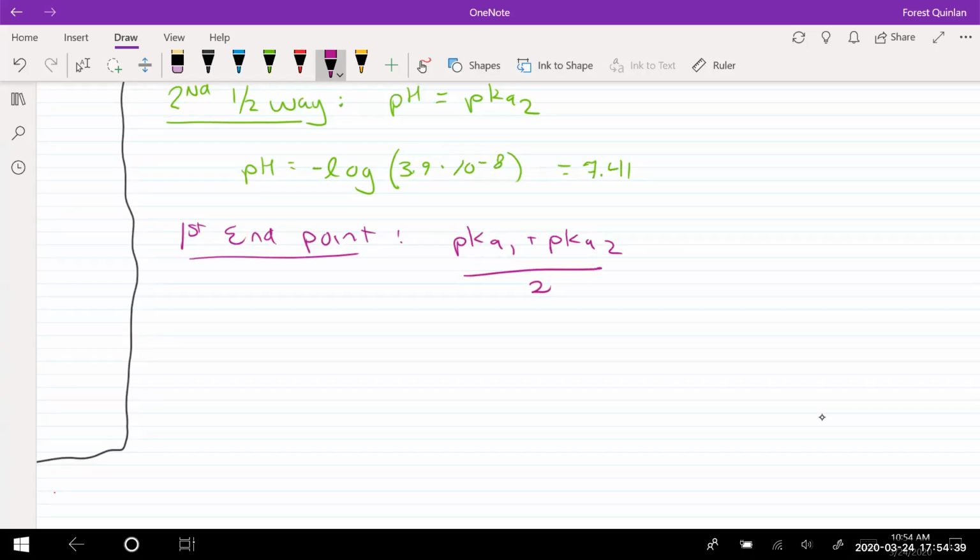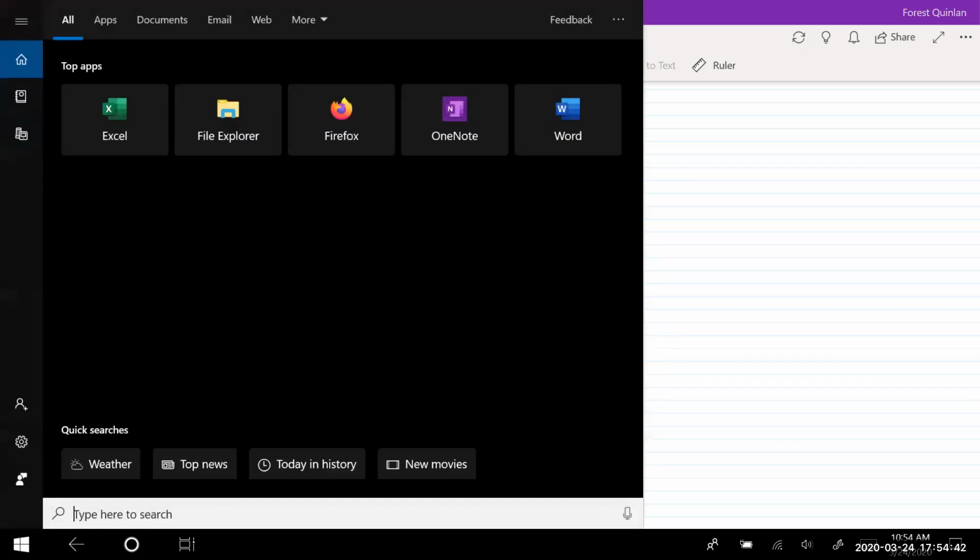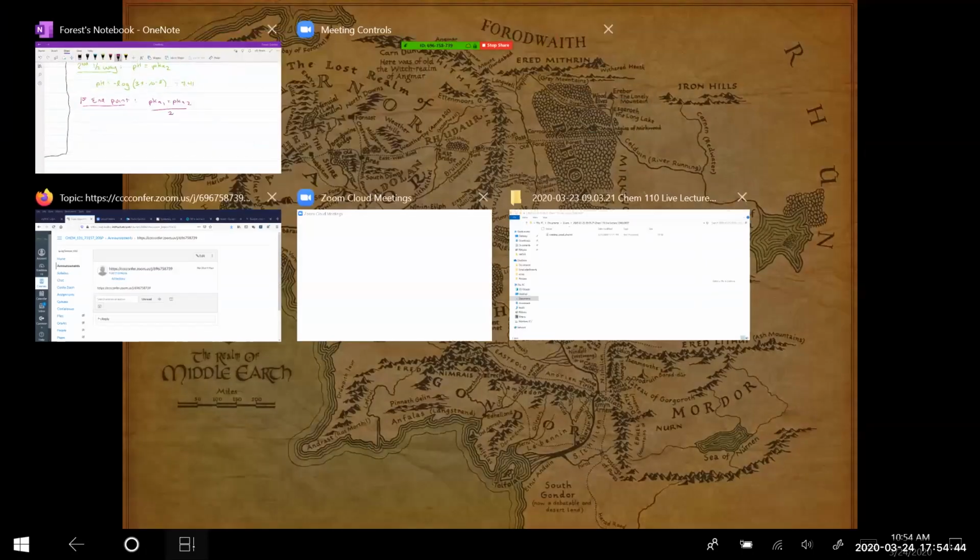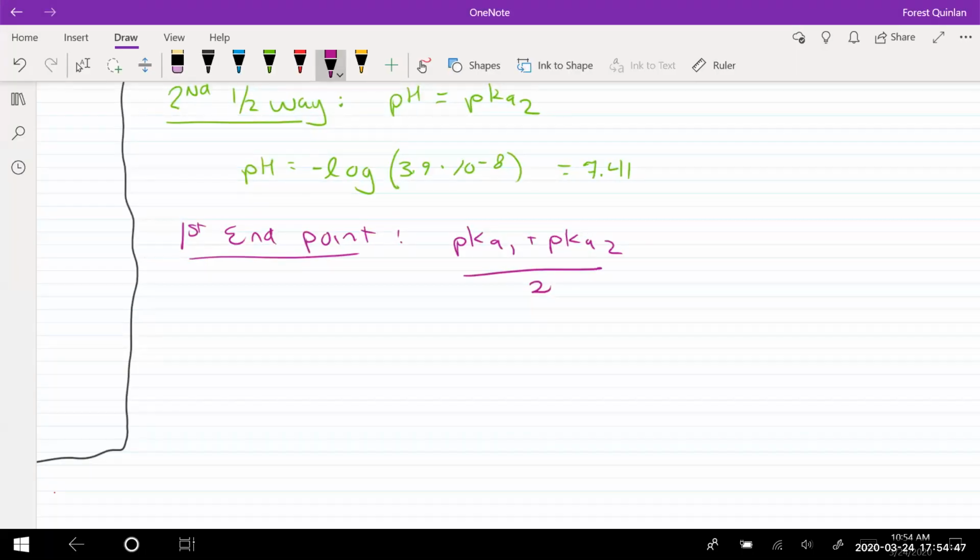So that's going to be 2.89 plus 7.41 divided by 2, or 5.15. So now we have at least 3 points on our curve, and that took us all of like a minute to do.